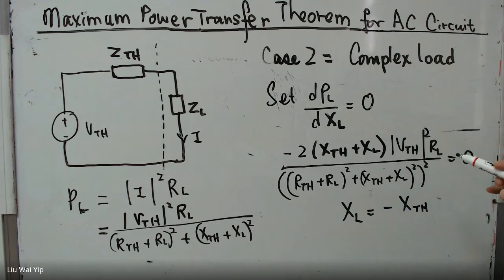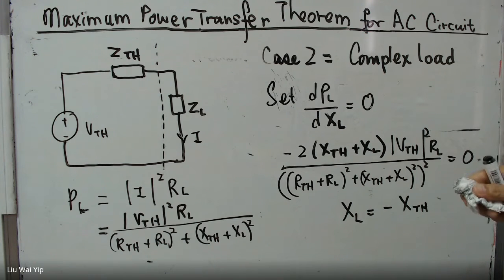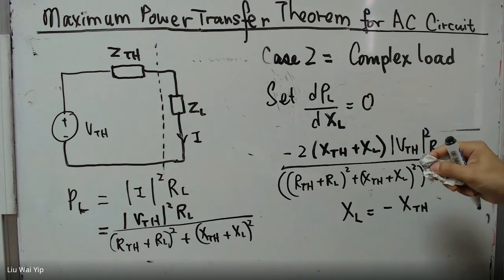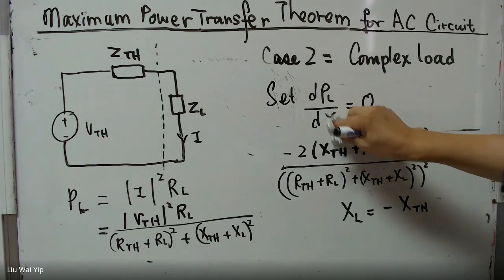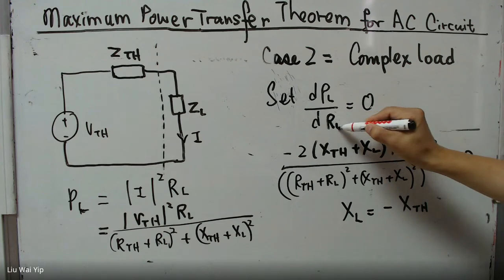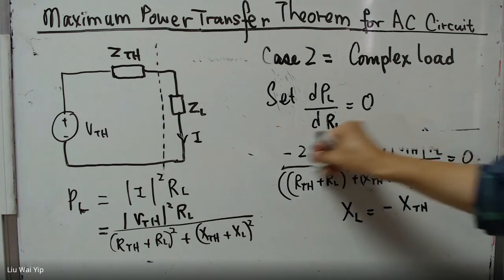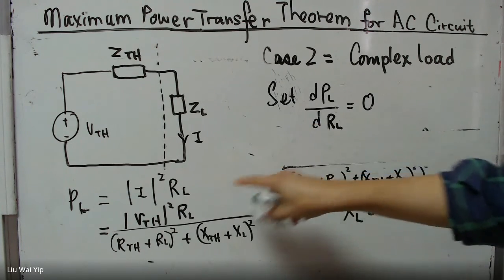The next thing that we are going to do is to find the derivative of PL, the load power, against RL, and set it to 0. And we are going to do that based on this expression.